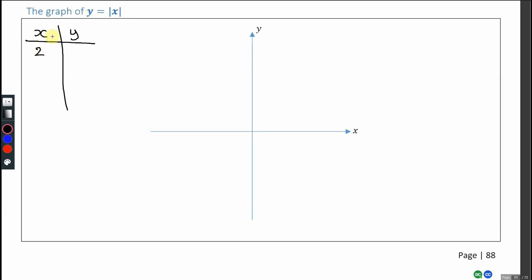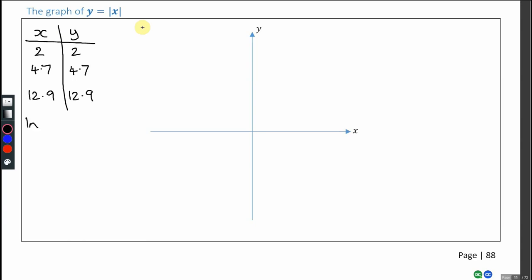So if x was 2, y is the modulus of 2, which is just 2. If x was 4.7, y is the modulus of 4.7, which is just 4.7. So if x is 12.9, the modulus of that is also 12.9.